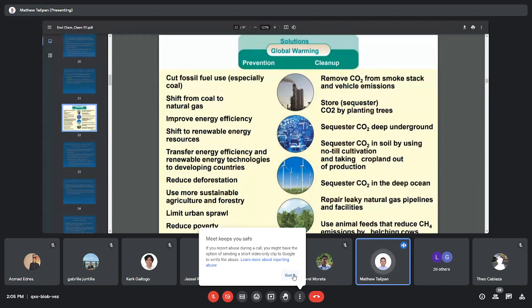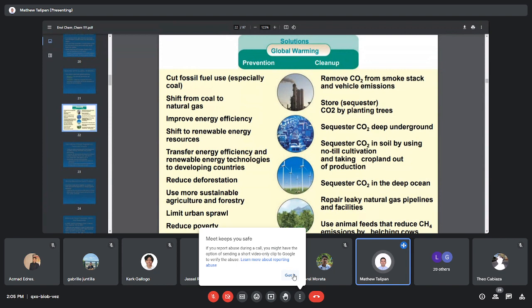And of course, improve energy efficiency. Then, let's say, reduce deforestation. These are some of the prevention methods. To deal with global warming, we have two kinds of methods. Prevention means we prevent further introduction or build-up of greenhouse gases in the Earth's troposphere.